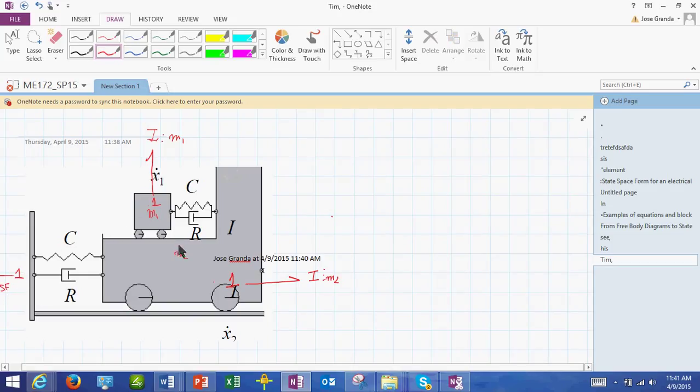And then the next step was to do the relative velocity.